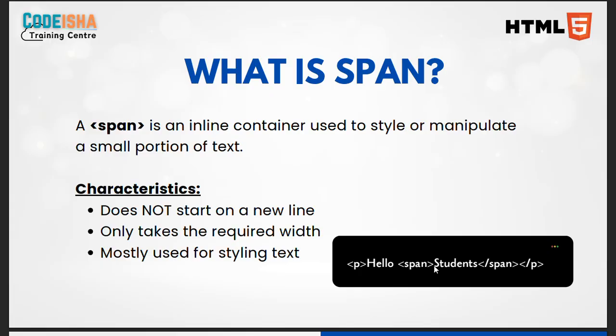For that word I need to change some font size or color or manipulate that text in some way, so I need to use a span. The span works as an inline container. We can add it inside HTML tags, whether it is a p tag or heading tags, because we use span to style or manipulate a small portion of the text.